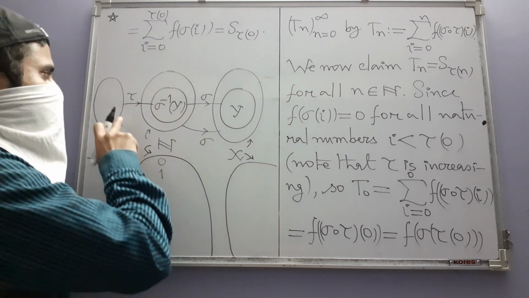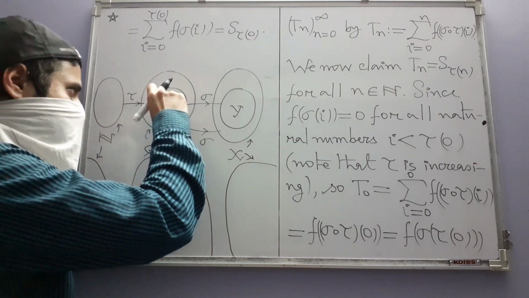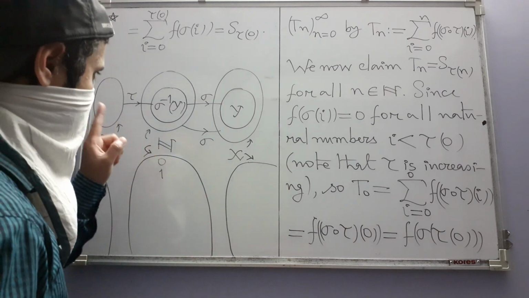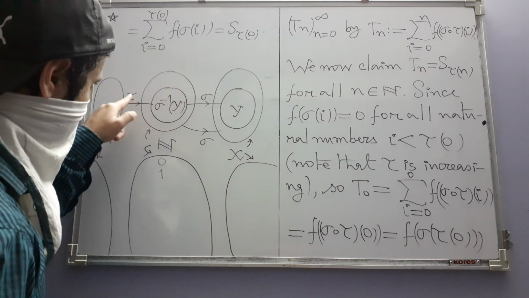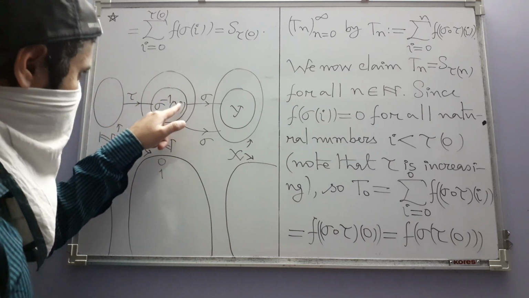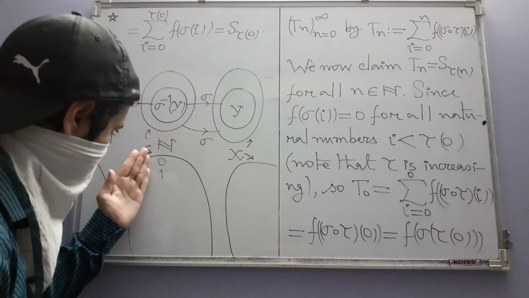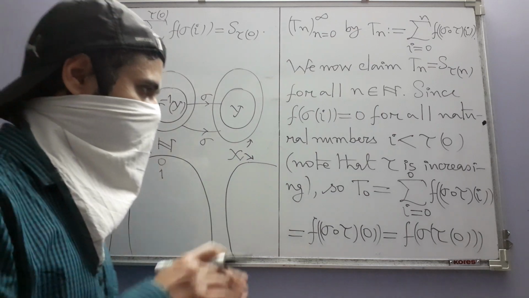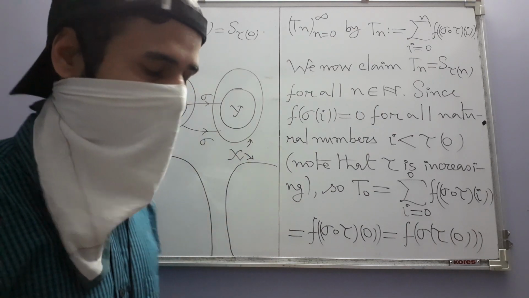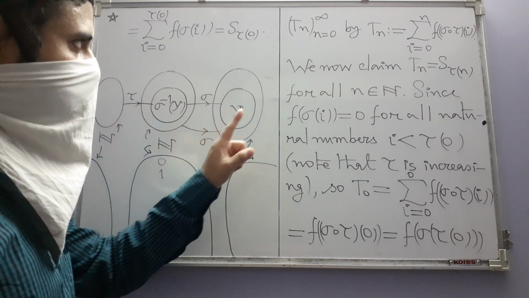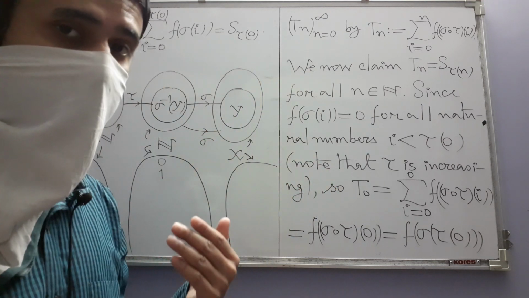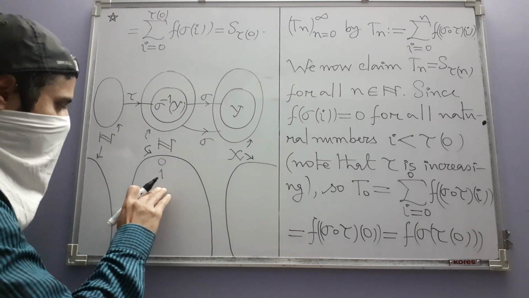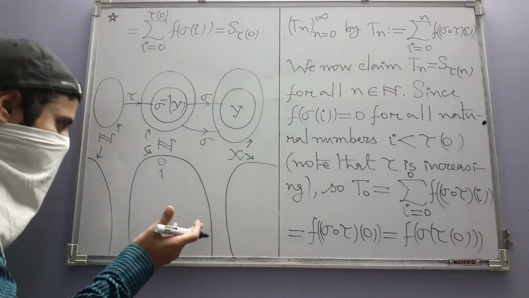So we have another way of ordering the elements of sigma inverse of y themselves, but there is a relationship between that ordering of the elements of sigma inverse of y which is created by tau and the natural ordering of all the elements of n, and those two orderings are compatible with each other, and that fact comes from the property that tau is increasing. So that's why the elements of sigma inverse of y will appear among all the natural numbers in this way.